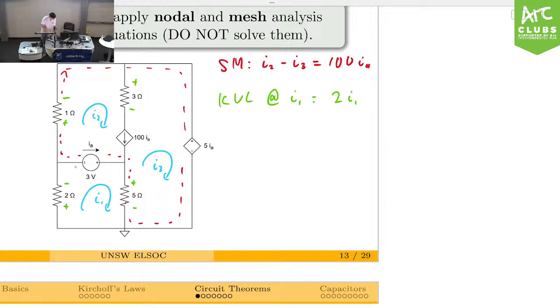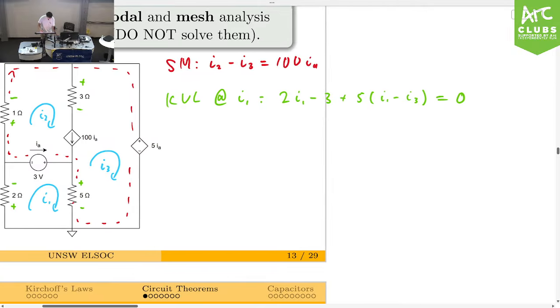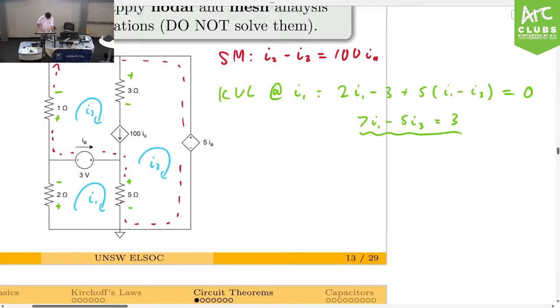Now we're going in through the negative terminal of this voltage source, so we have minus 3. And then we have plus 5, and then the difference of the currents, which is I1 minus I3. And that should all be equal to 0. Simplifying this, you should get 7I1 minus 5I3 is equal to 3. Okay? So that's an equation.